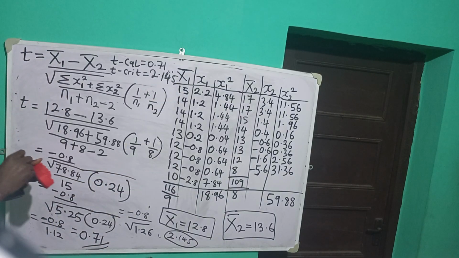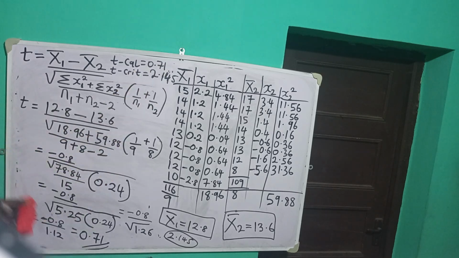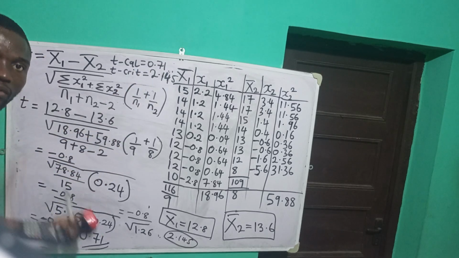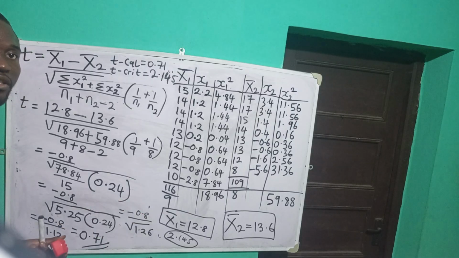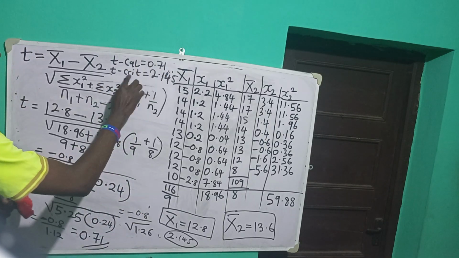Now you can see that the critical value is greater than the calculated value. So what do we do? We will accept the null hypothesis, since the critical value is greater than the calculated value.